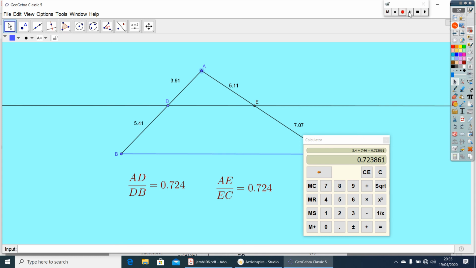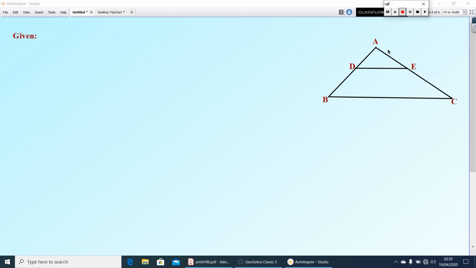Now let us see how to prove this. Here, given a triangle ABC and a line drawn parallel to BC intersecting the other two sides at D and E respectively. This we can write first as given.